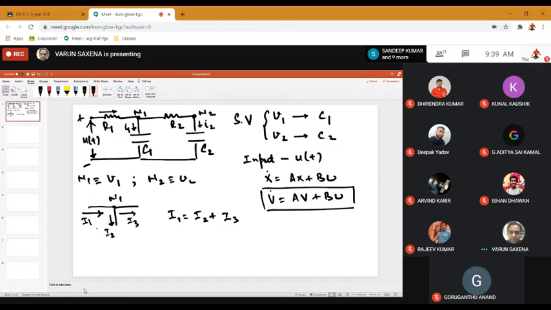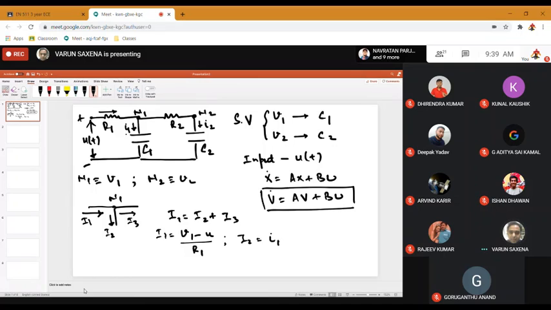Now what is I1? I1 is the current that is flowing here. The current is obviously going to be the potential difference across the two nodes of that resistor divided by the resistor itself. The current flows from this point to this point, so I1 is nothing but V1 minus U divided by R1. Then I2 has been taken as small I1 in this problem.